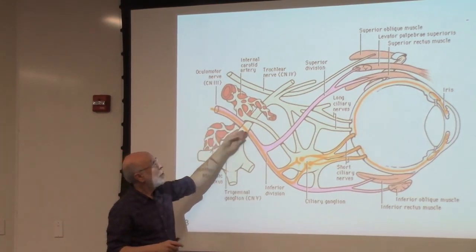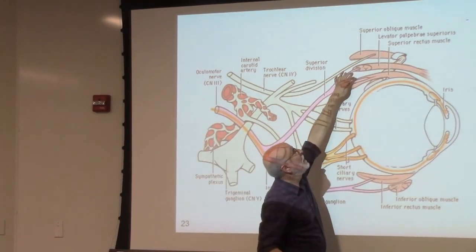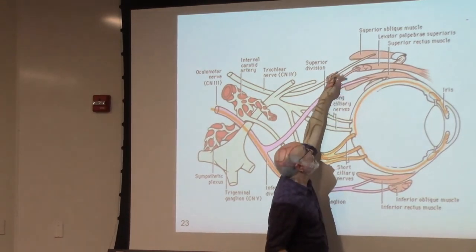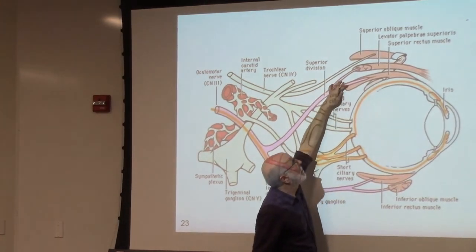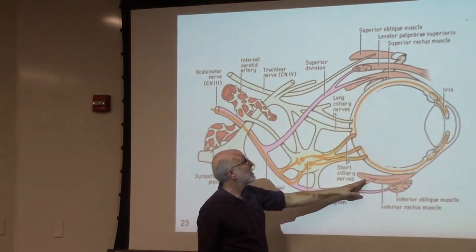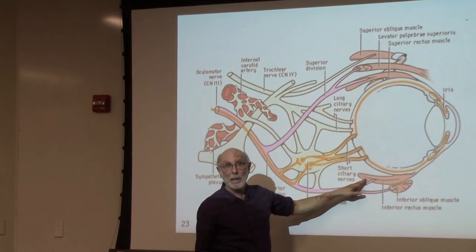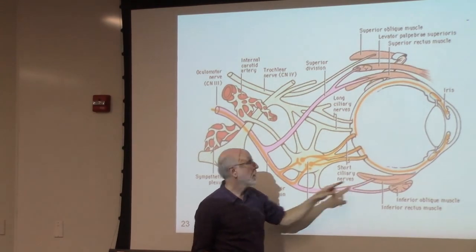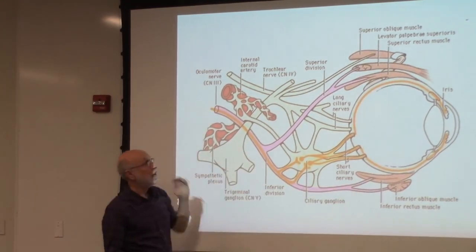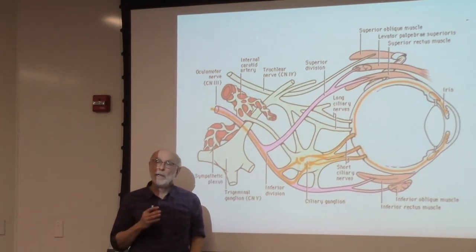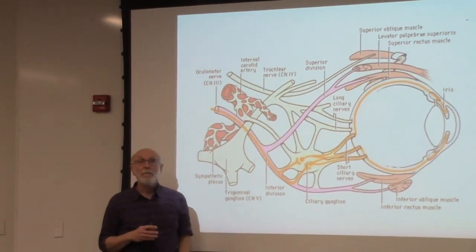The oculomotor nerve innervates the superior oblique, the superior rectus, and the inferior rectus. It also innervates the medial rectus. The oculomotor nerve innervates the superior rectus, the inferior rectus, and the medial rectus.